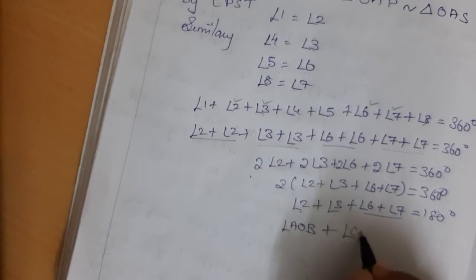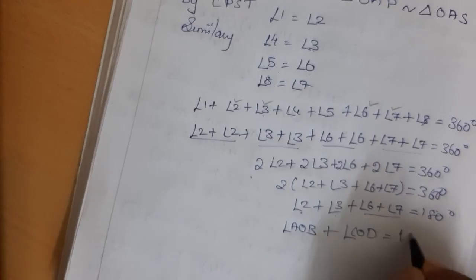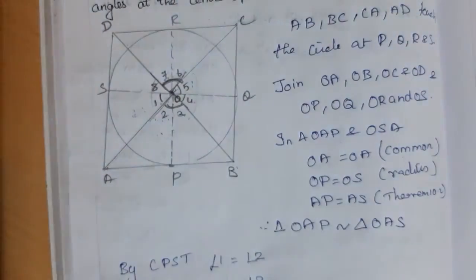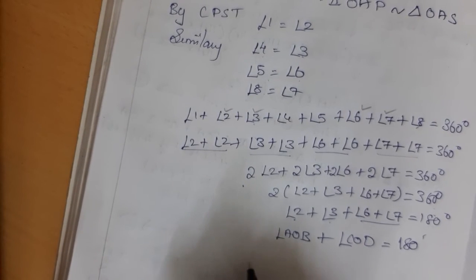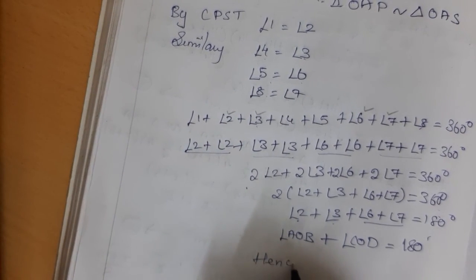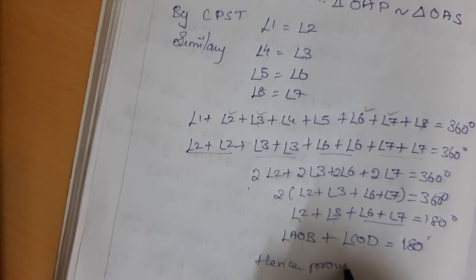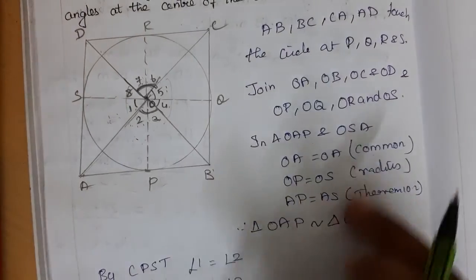So angle AOB plus angle COD is equal to 180 degrees. Hence these both are opposite angles subtended at the center, right? So hence we have proved. Hence proved. Clear, children? Already we proved this in the problem.